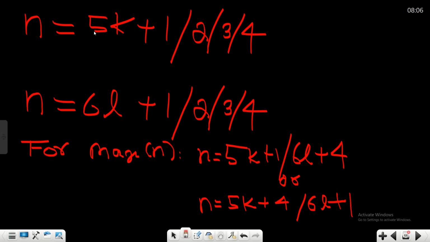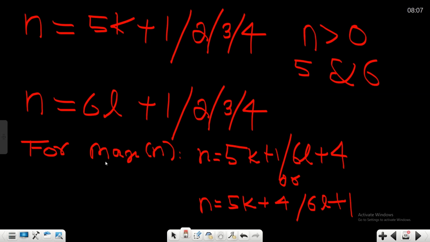Now why am I doing it like this? Can I use 5k plus 1 and 6l plus 1? No, you cannot use it, because for any n greater than 0, you will not get the same remainder when you divide by 5 and 6 simultaneously. So that's why you cannot take 5k plus 1 and 6l plus 1.